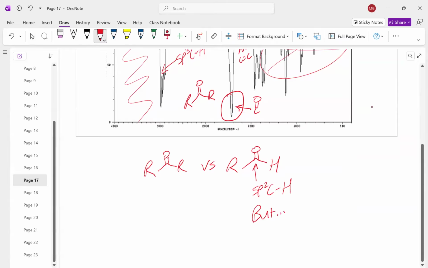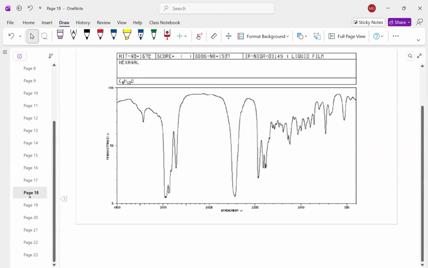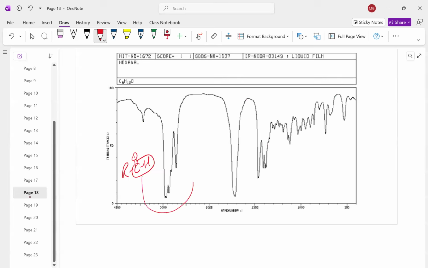But for an aldehyde, it's in a weird place. How do I know I have an aldehyde? Because the sp2 carbon hydrogen of an aldehyde is going to show up in a region that regular other sp2 carbon hydrogens don't show up. They show up at around 2700 inverse centimeters.